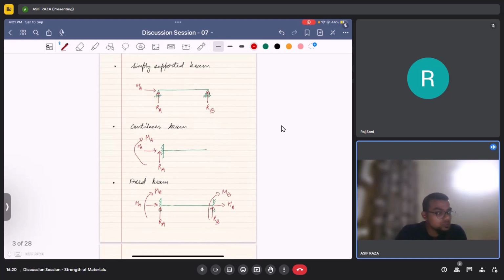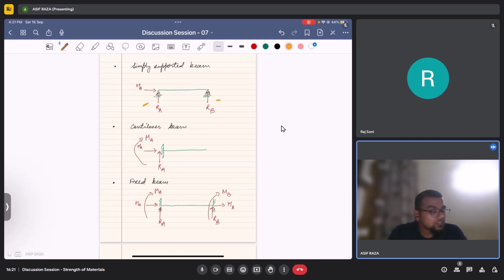If you don't want to think much, just focus on the type of supports. In the simply supported beam, there is a pin joint here. At the pin joint, there is one vertical reaction and one horizontal reaction, while in the roller support there is only one vertical reaction; the rest are zero.